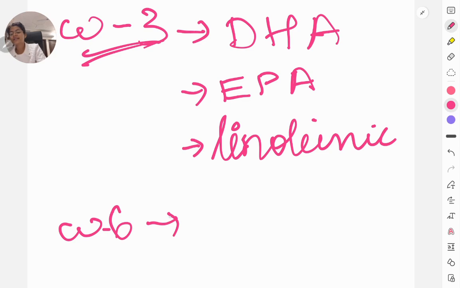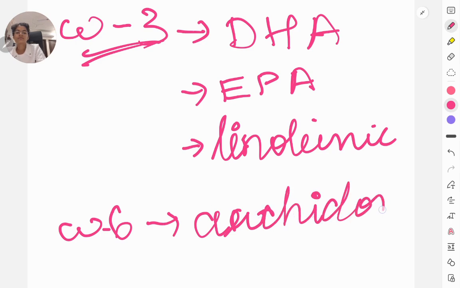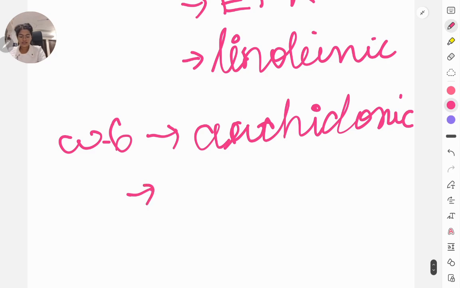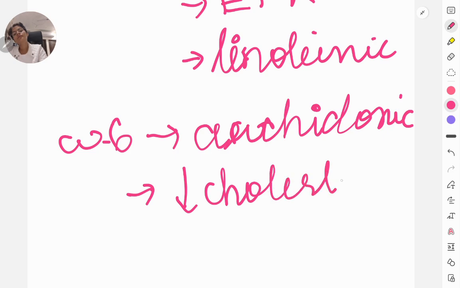Now omega 6 is there in arachidonic acid. Omega 6 helps to lower the cholesterol. Also it decreases the triacylglycerol.